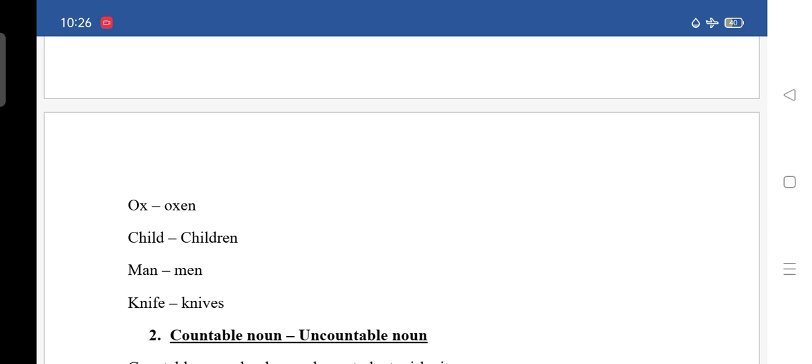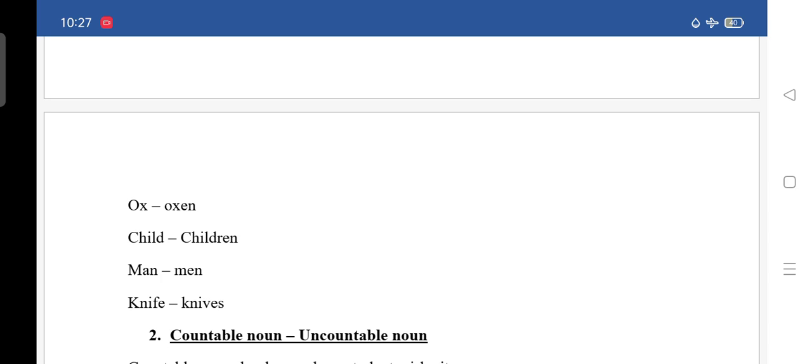Whereas in singular we call it child, in plural children. But some people say children's. You shouldn't say children's because children is a plural one. There is no need to say children's. So child is singular and children is plural.